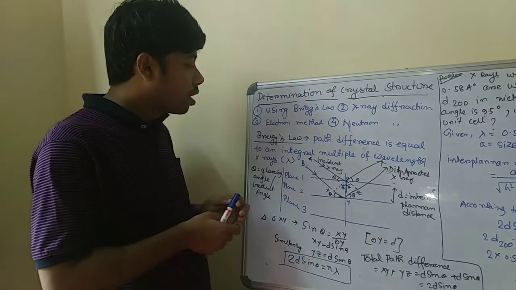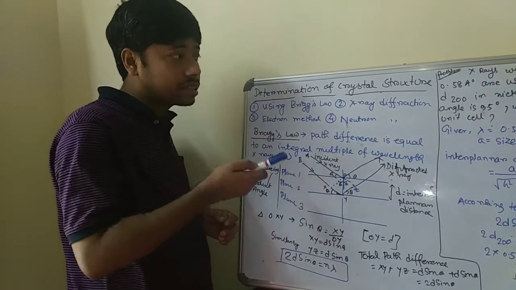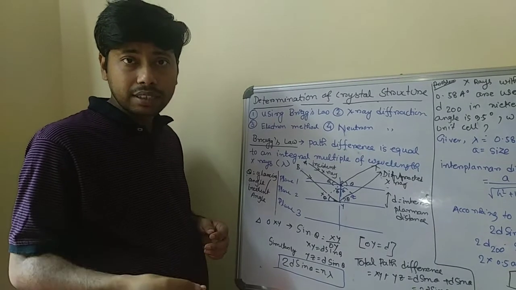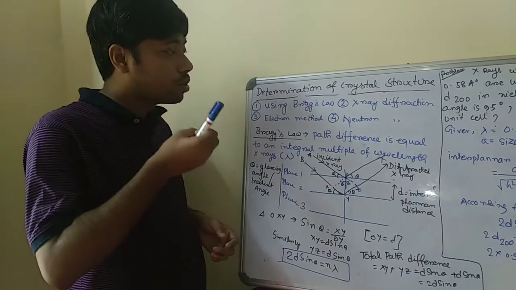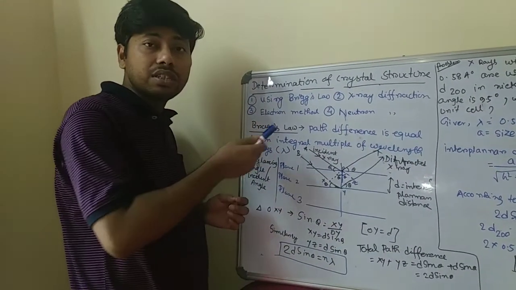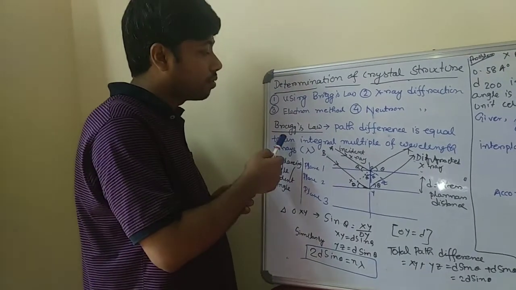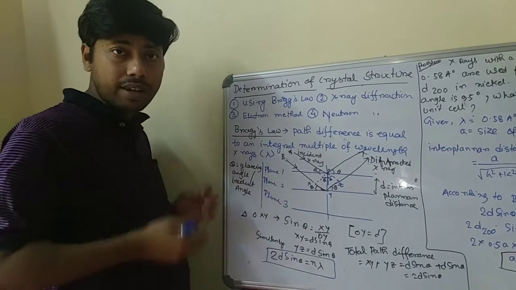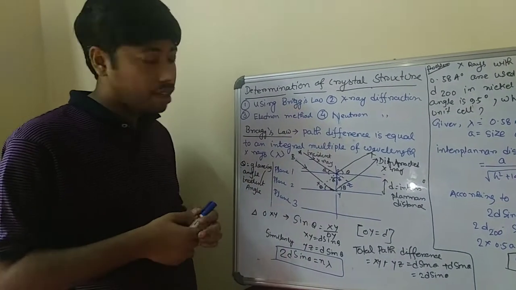Now you can use different types of techniques to determine the crystal structure. First of all, we will discuss Bragg's law, which is basically in your syllabus. Now, what is Bragg's law?